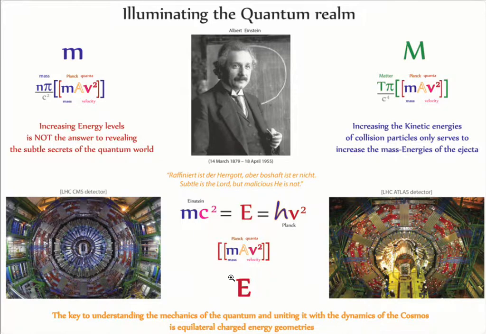This highlights obviously that where we accelerate particles to high velocities and then slam them together in colliders to determine their constituent particles, we have a number of problems being raised.